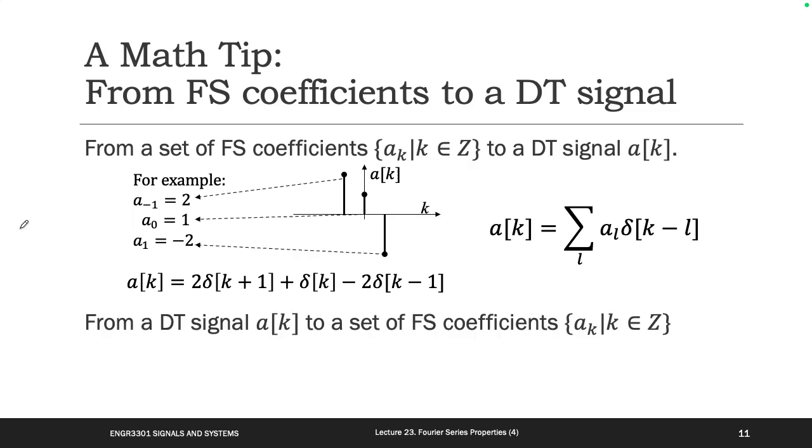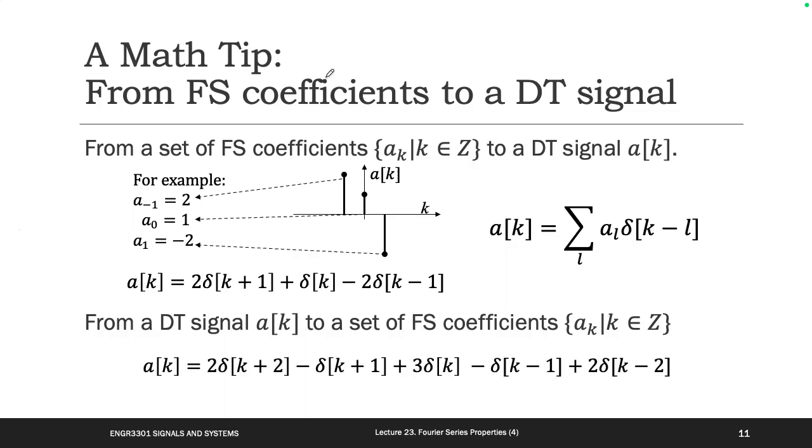Okay, and then from a DT signal, you can also represent a set of FS coefficients. If you have this one, ak equals this equation. Can you tell me what's a negative 3? Yeah, 0, right? How about a negative 2?